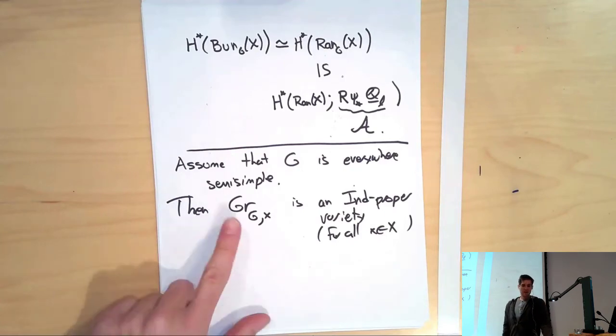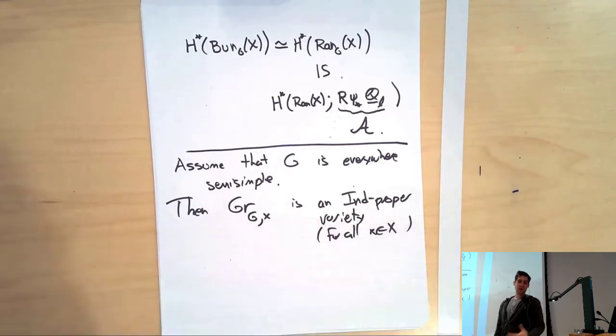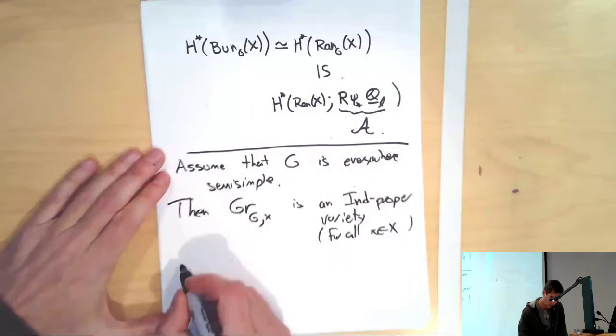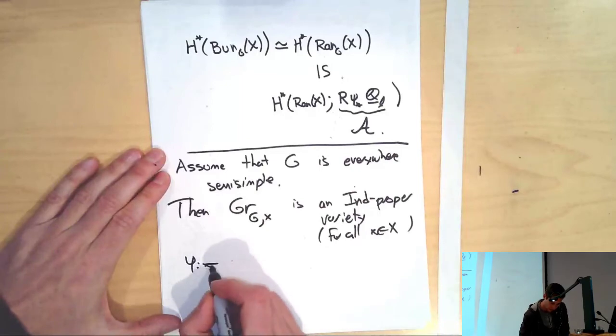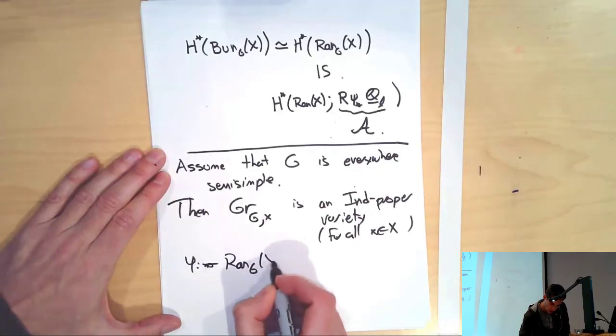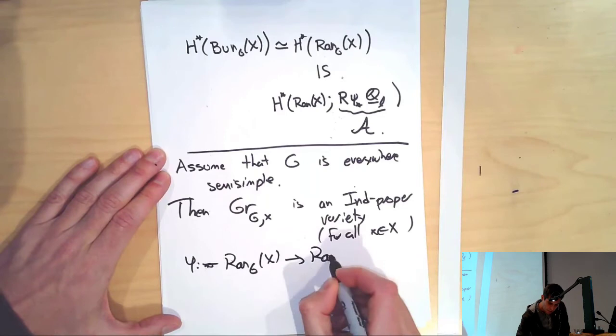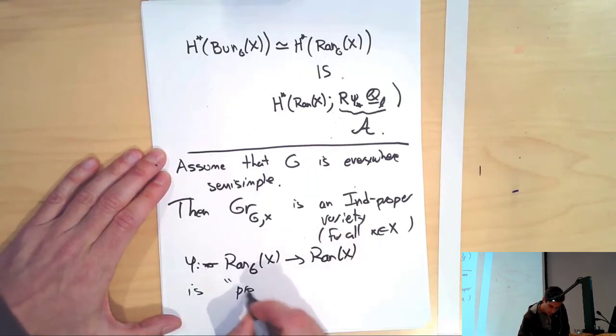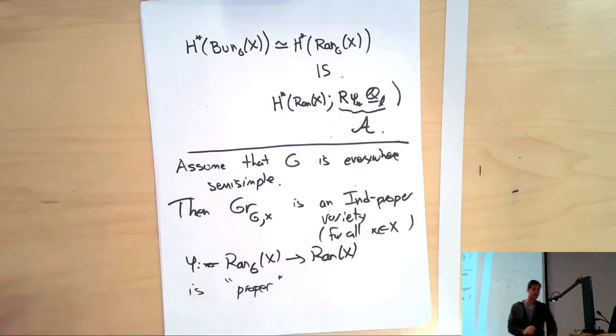So the fibers of each of these maps look proper. And in fact, a stronger version of that statement is true. This entire map, psi, from Ran G X to Ran X, behaves in many respects like it's proper. So I'll put it in quotation marks that it's "proper".